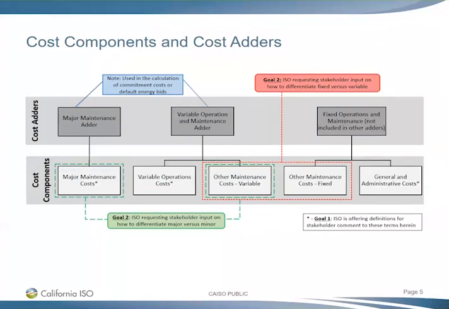There's fixed operations and maintenance costs, which we don't have an adder for in our market, and these are comprised of general and administrative costs and a fixed component of other maintenance costs. This slide also helps us revisit our goals of defining these three cost component items, as well as seek your feedback on how to differentiate between the fixed and variable component of other maintenance costs, as well as to split between major maintenance costs and the variable component of other maintenance costs.